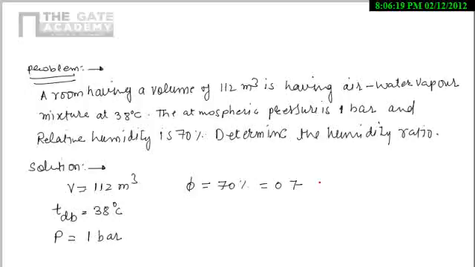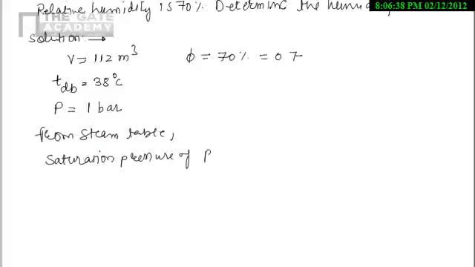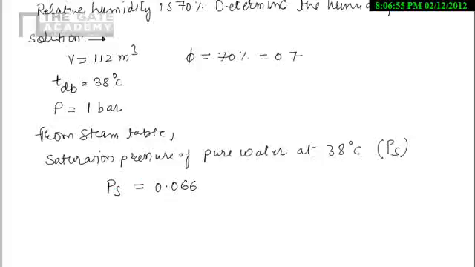Now the dry bulb temperature is 38 degrees centigrade, so we have to find the saturation pressure of pure water at 38 degrees centigrade. From the steam table, the saturation pressure of pure water at 38 degrees centigrade, that is Ps, is 0.06624 bar.